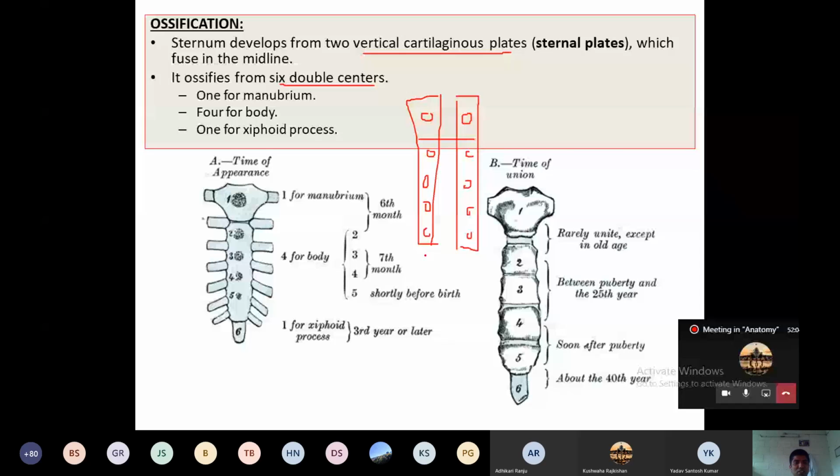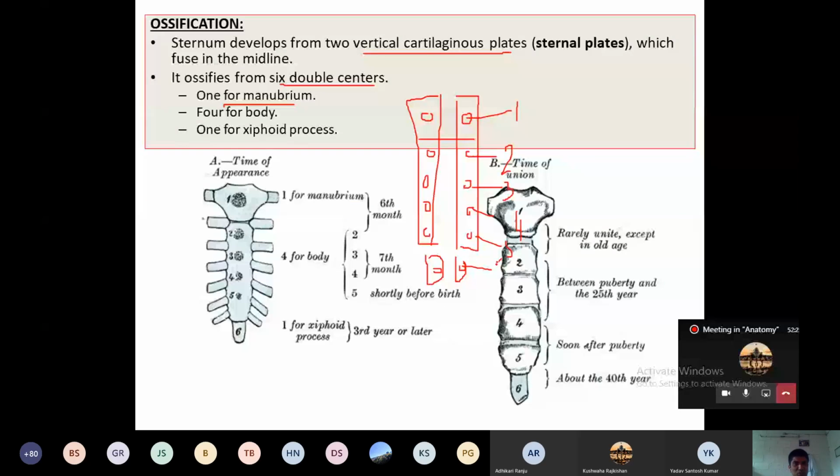So there are 6 double centers: one for the manubrium, this will count 1, and the second, this is 3rd, this is 4th, this is 5th, and this one is 6th. 4 for the body, 1 for the xiphoid process.